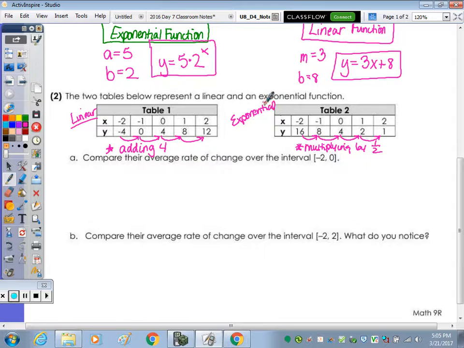So compare the rate of change over the interval from -2 to 0, for table 1 and table 2 for each.